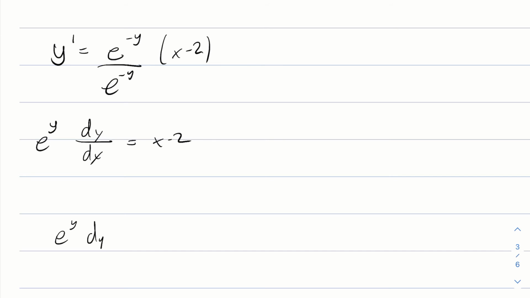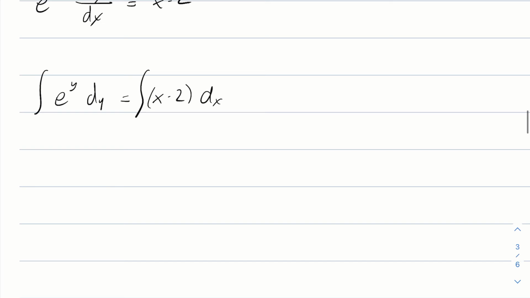So e to the y dy equals x minus 2 dx. Integrate, and we get e to the y equals x squared over 2 minus 2x, and yeah, plus c. Wow, I'm forgetting everything.